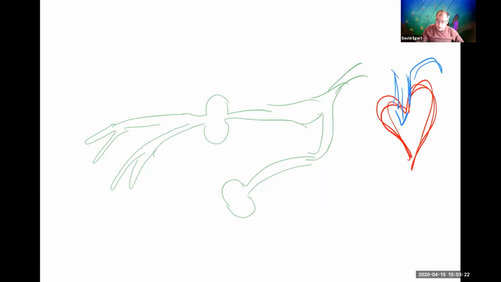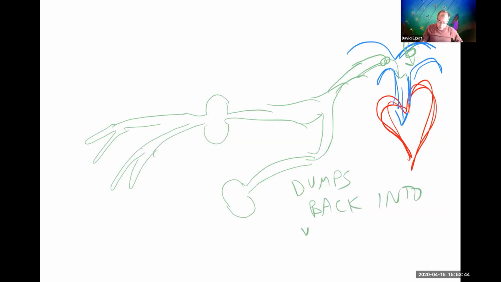So ultimately, this is all going, and we're going to have, here's the heart. Here's like the vena cava returning back to the heart. Here's like the brachiocephalic veins. All of these ultimately just dump. And there's another one coming in over on this side. So basically, this ultimately just dumps back into venous circulation.